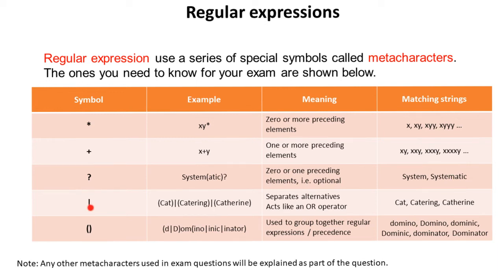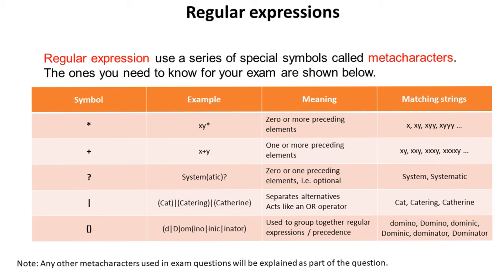This pipe symbol here, you can think of like the OR operator, and it separates alternatives. So this regular expression will match the string cat or catering or Catherine, so it'd match all three. Now finally, we've already been using brackets in the above two examples, but brackets are used to group together regular expressions. And just like in maths, it allows us to determine precedence.